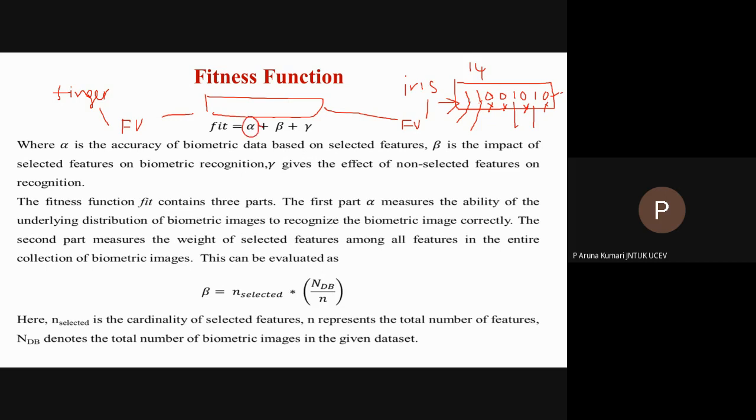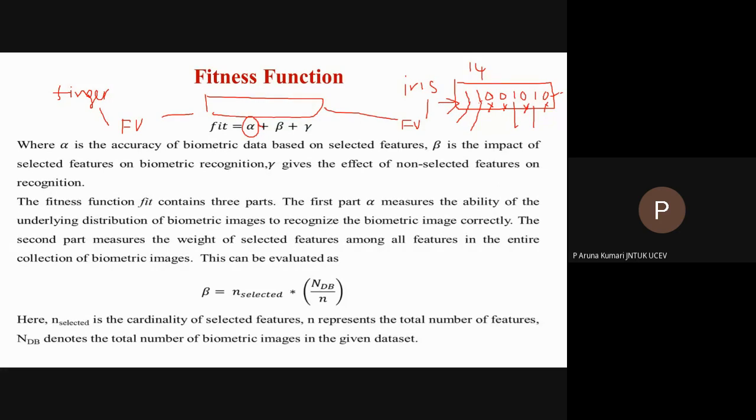And the next one is beta. We have some features that have been selected and some features that have not been selected, but this is not necessarily the best one. What are the features we have selected initially, that may or may not be the best one, but what is the impact of those selected features, that you have to consider.